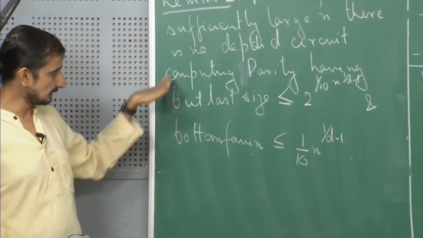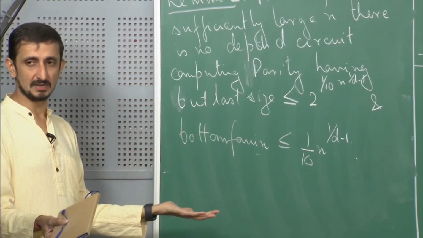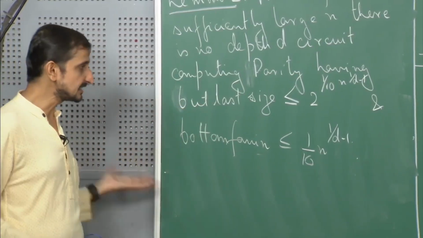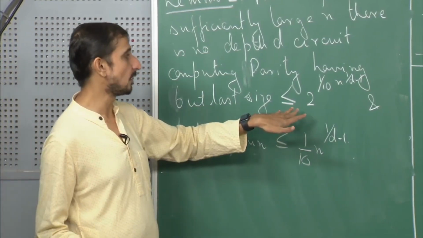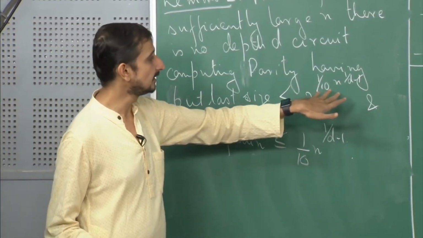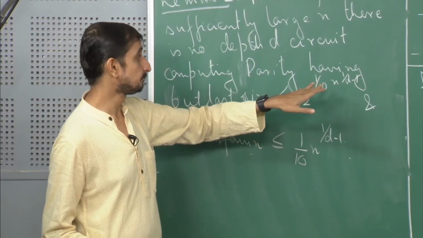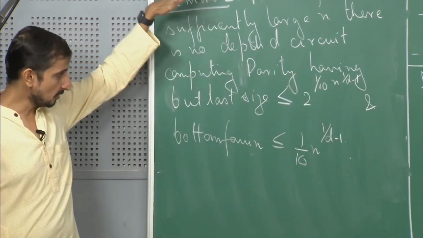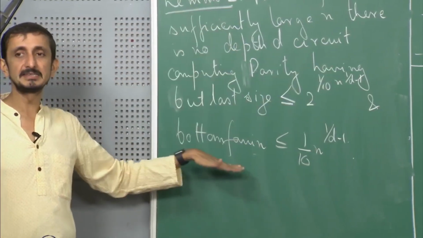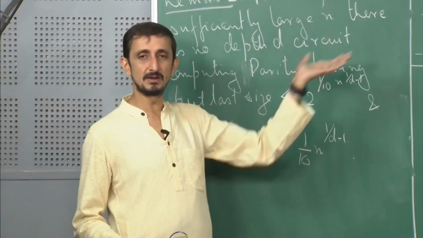So I am getting a depth d plus 1 circuit which has bottom fan-in 1 and which has size bounded by 2 to the power 1/10 n to the power 1 over d. Therefore, it will be contradicting this lemma, because instead of d I have gone to d plus 1.